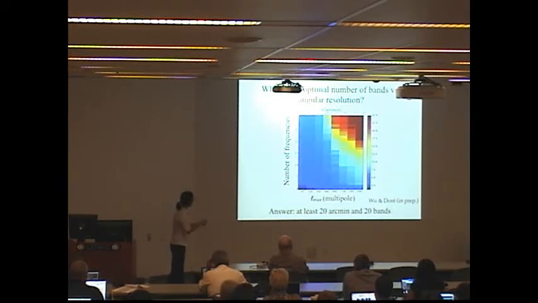And this is actually similar to the design of PIXI, which is currently optimized for CMB rather than star formation rate. So the quick answer is that we like to have at least 20 arc minute resolution and 20 bands to have good constraints on star formation rate.